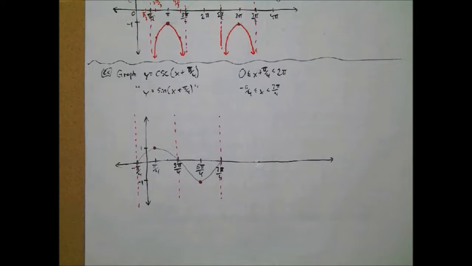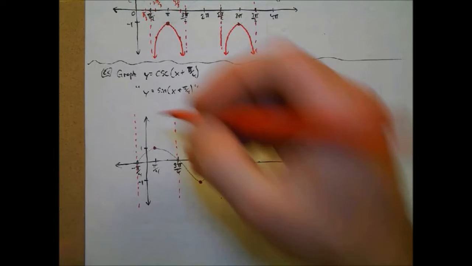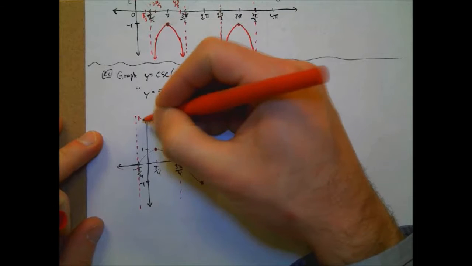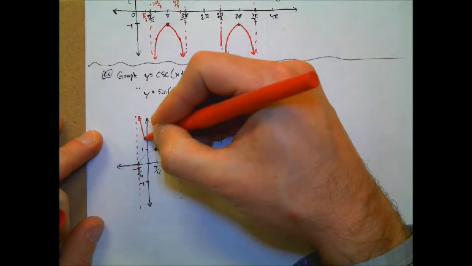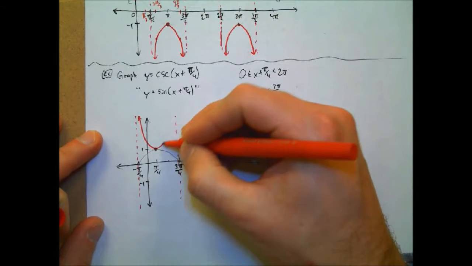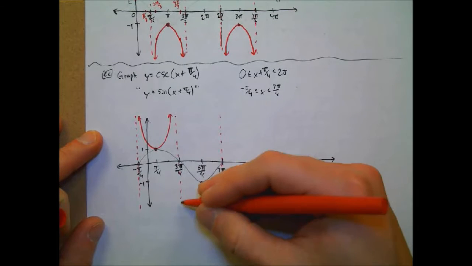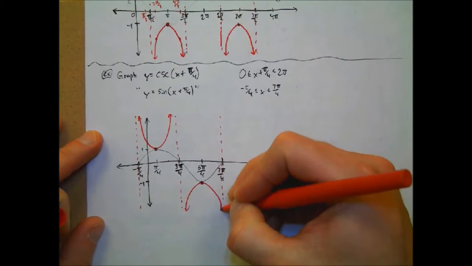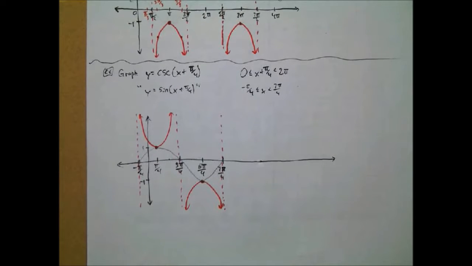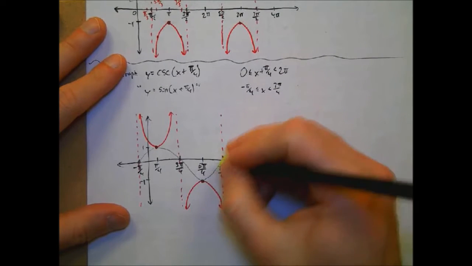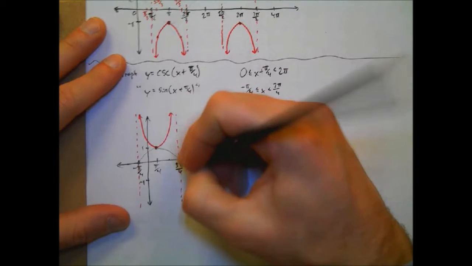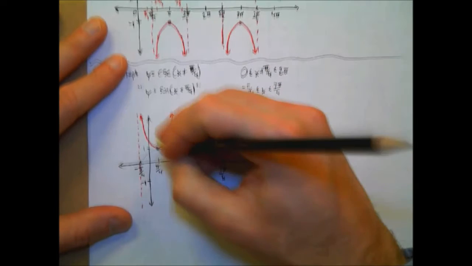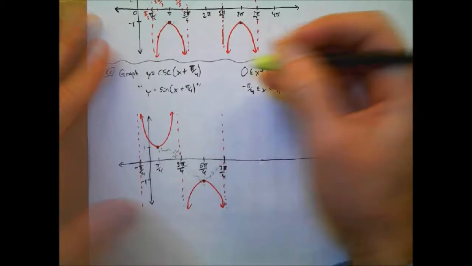So there's our graph, right? Once you get that bottom point there, you can just sketch it. You don't need to find more points. This is what it's going to look like. Like that. And then we can erase the sine.